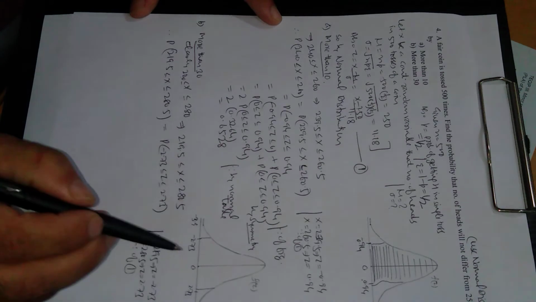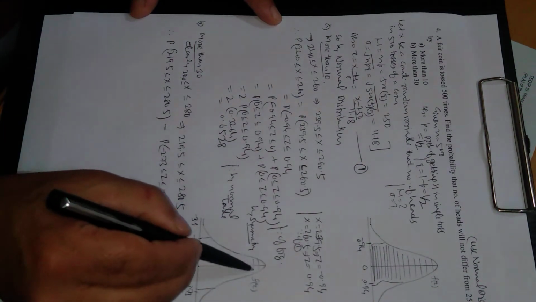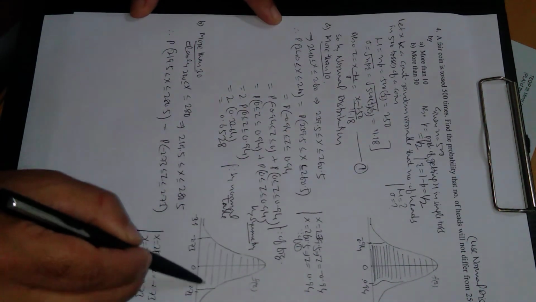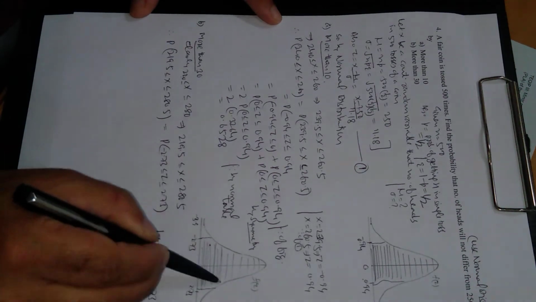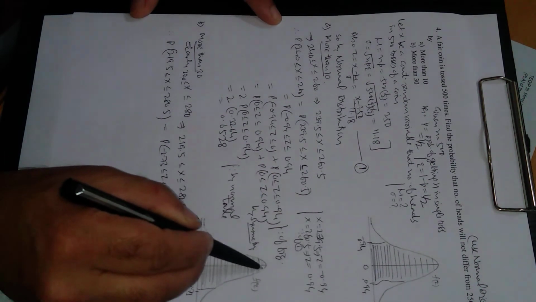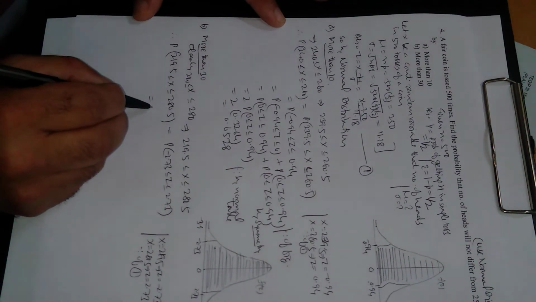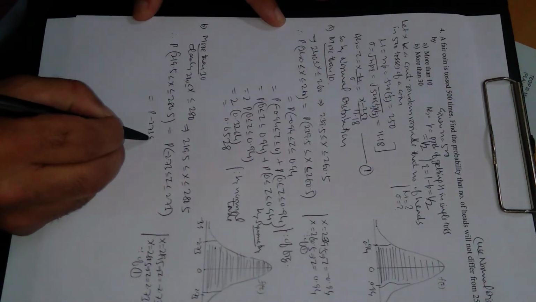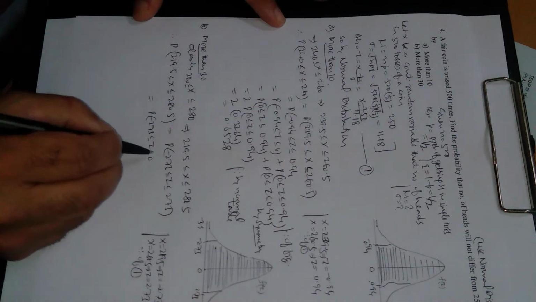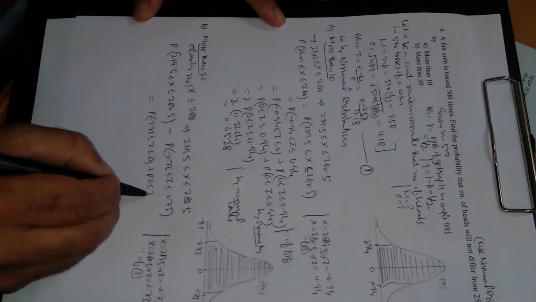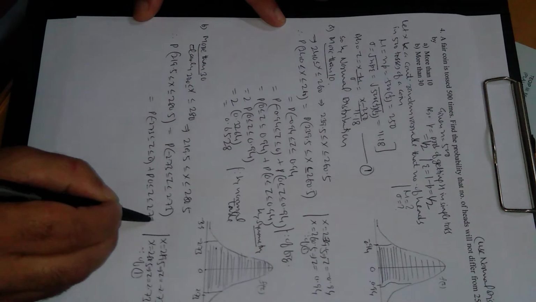So we have to find the probability, which means the area of this shaded portion. Clearly from the diagram, this can be split into two parts: minus 2.73 less than z less than 0, plus 0 less than z less than 2.73.